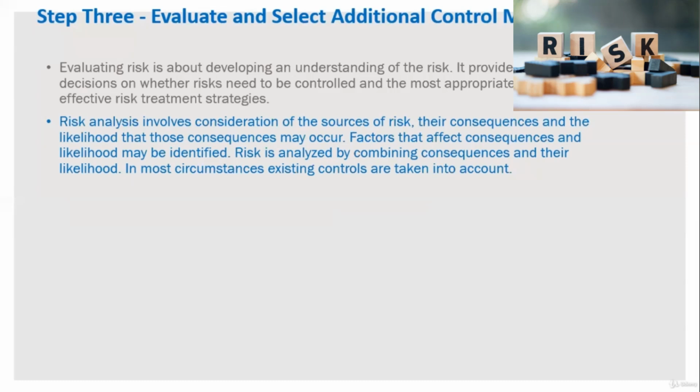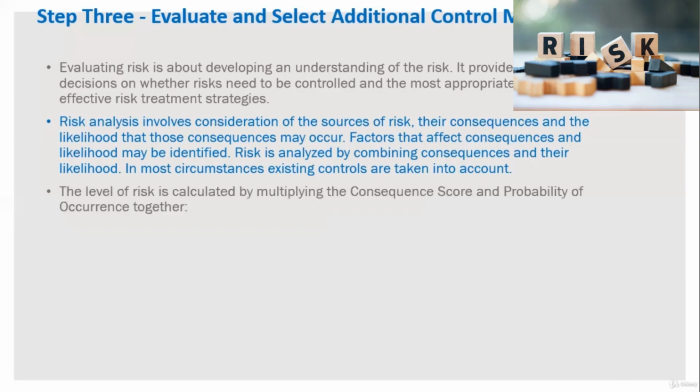So how frequently can these risks happen? How intense will the consequence be? Based on these only, we are identifying the risk and quantifying the risk by putting them into a matrix. The level of risk is calculated by multiplying the consequence score and the probability of occurrence together.